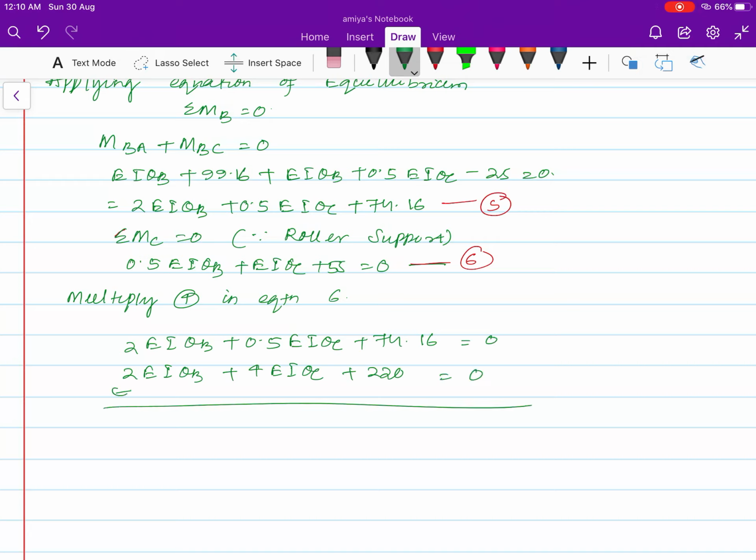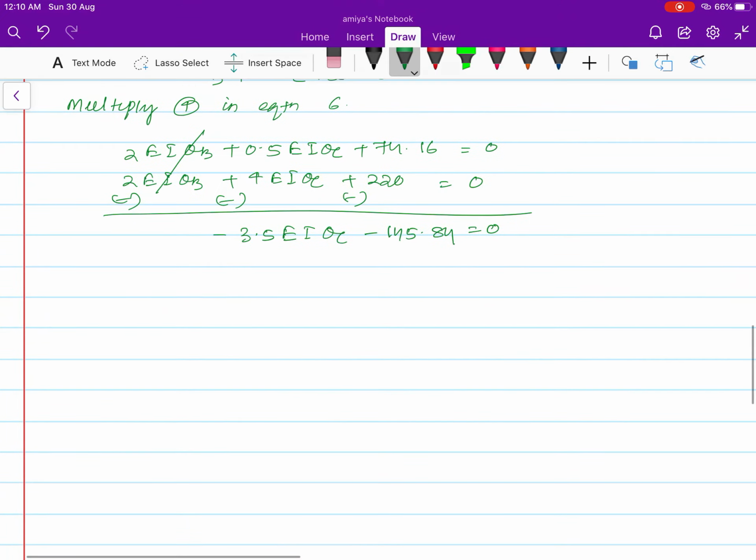Now subtracting, minus and minus, this is minus 3.5 EI theta C minus 145.84 is equal to 0.